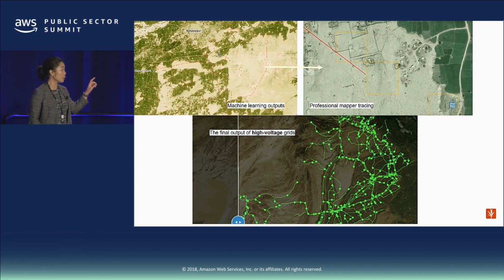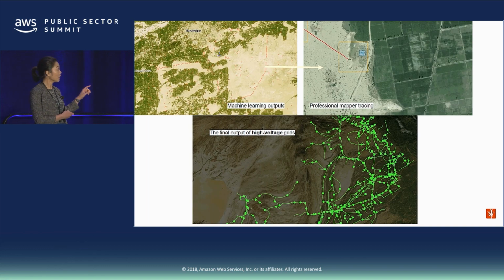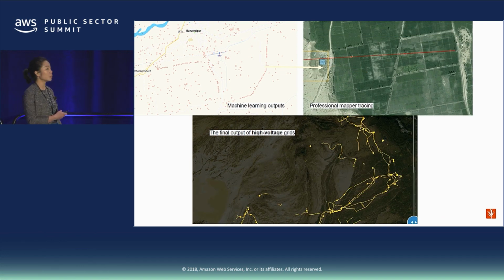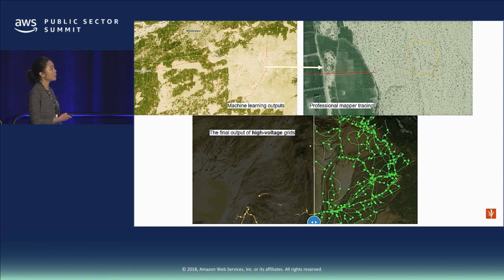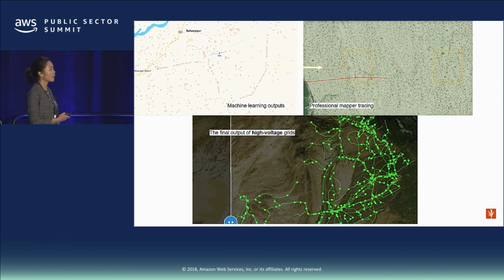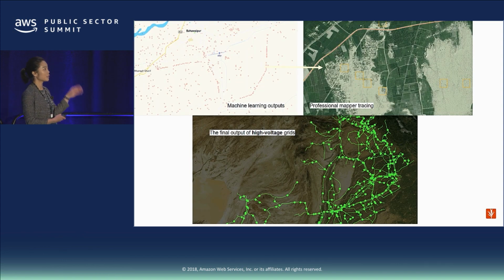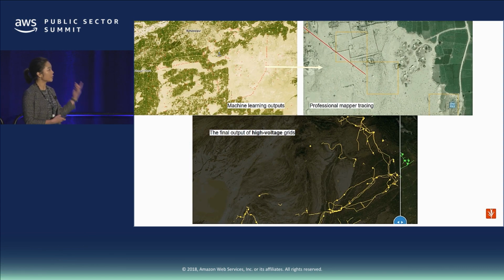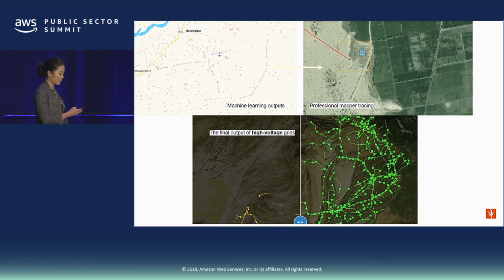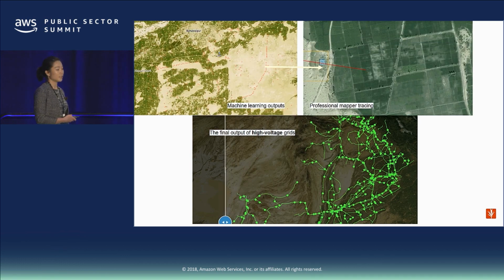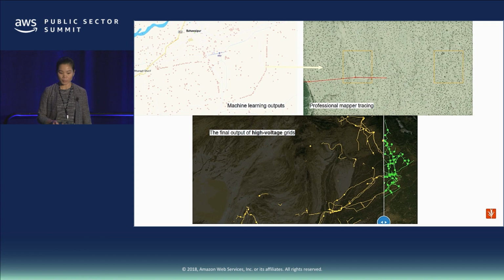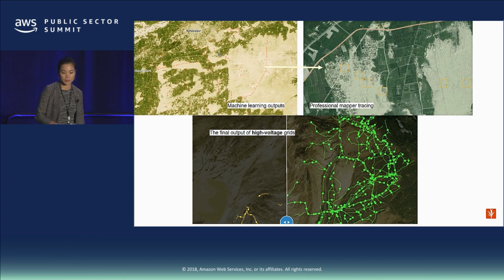From here, you can see that all these pink boxes are the predictions from machine learning, and this is our human mapper, right? At real speed, just linking all these high voltage towers together and mapping. This is before and after the high voltage tower mapping, and we have the high voltage grid for three different countries.